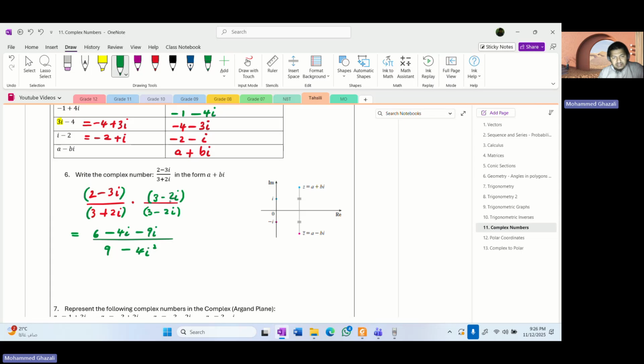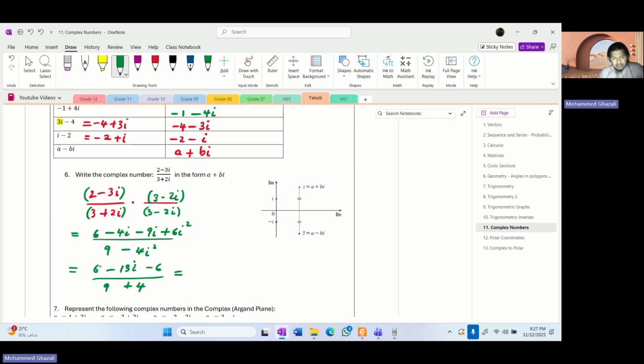Minus 3i times negative 2i is plus 6i squared. Now, remember i squared is negative 1. So we got 6 minus 4i minus 9i is minus 13i. And i squared is negative 1, so minus 6, divided by 9 minus 4 times negative 1, so plus 4.